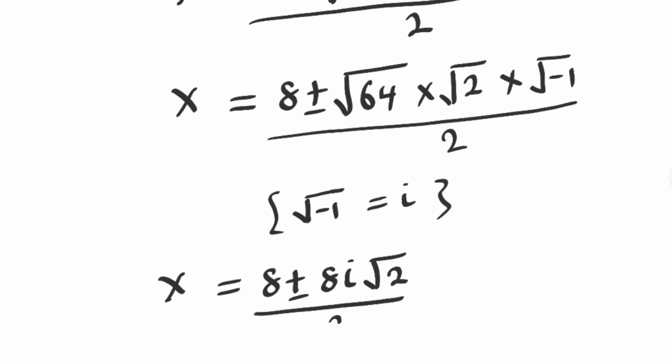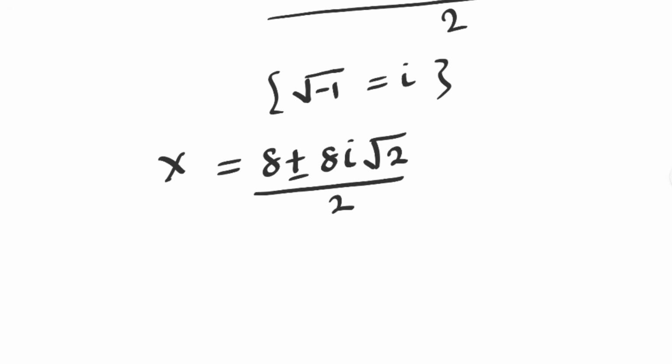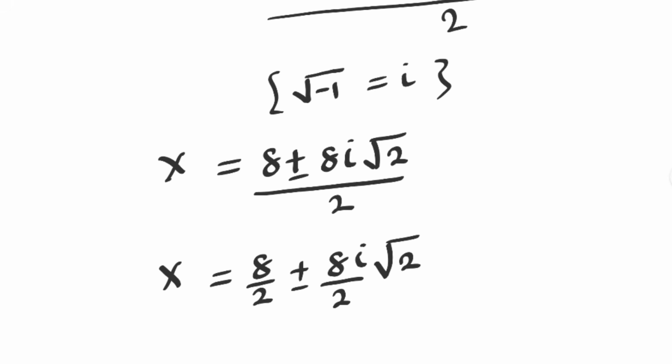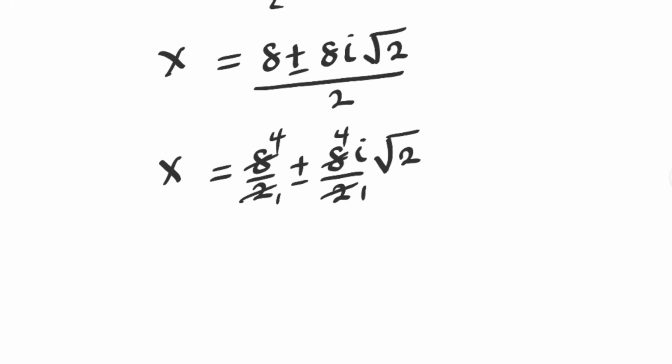Then everything divided by 2. x is equal to 8 divided by 2 plus or minus 8i root 2 divided by 2. 2 here 1, 2 here 4. x is equal to 4 plus or minus 4i root 2.